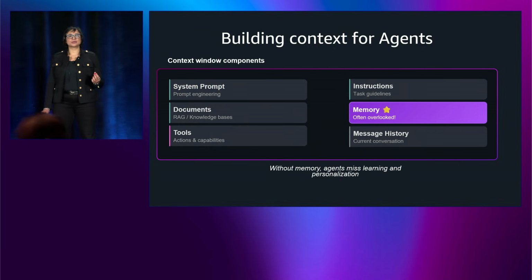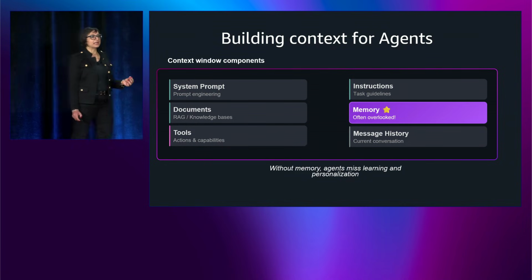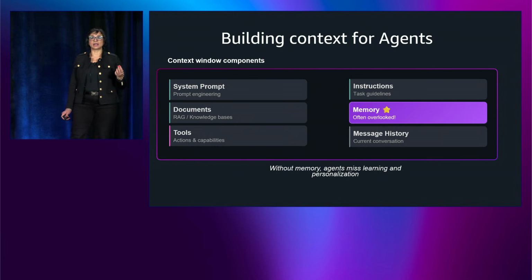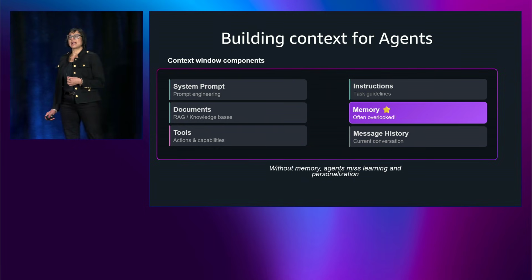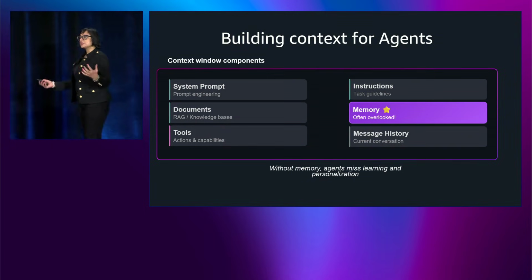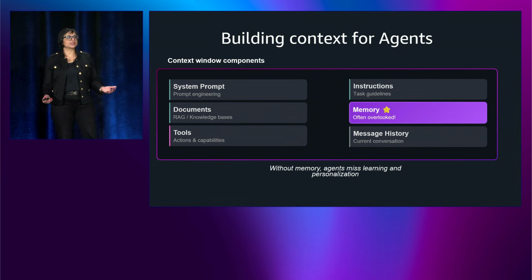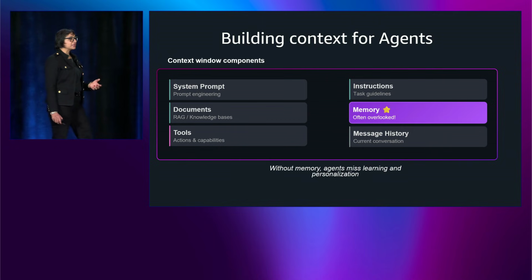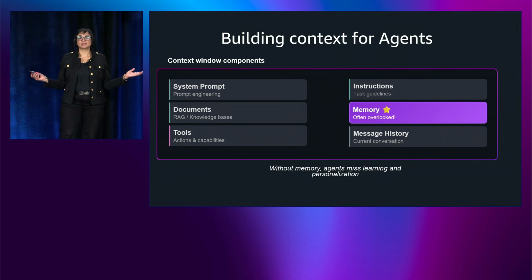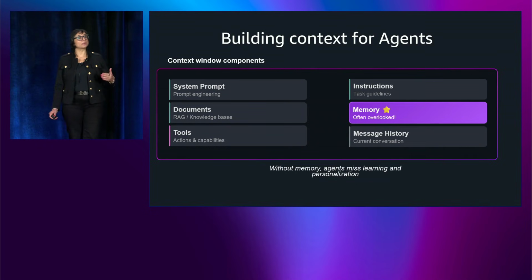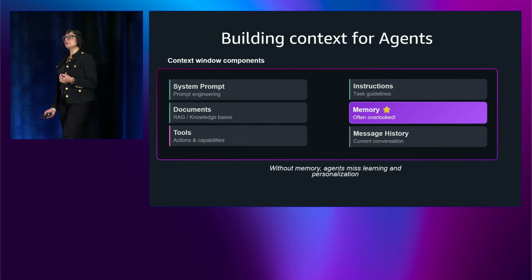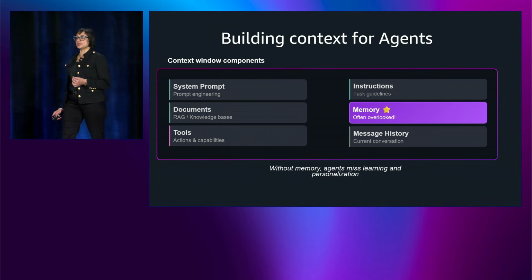Those tools could be data APIs, real-time APIs that you want to give the agent access to, or access to your knowledge store where you have your organization data. Or it can be instructions, and the system prompt is super important because it is what makes the agent understand what it's supposed to do. So there are so many things that go into the context of an agent.